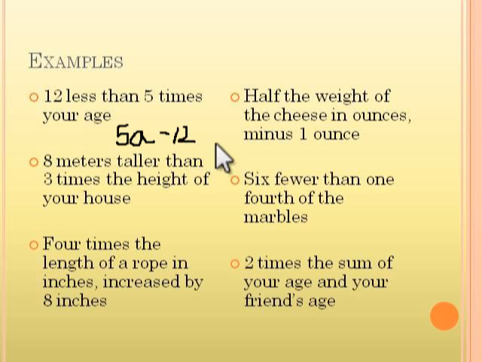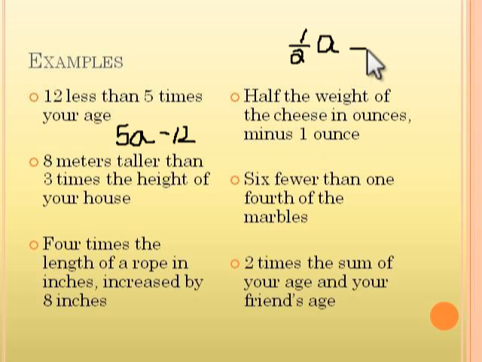Let's look at this one. Half the weight of the cheese in ounces minus 1 ounce. Half of the weight. The word of means multiply. So 1/2 times something. I'm going to say A, just because I used A a minute ago. Minus 1.